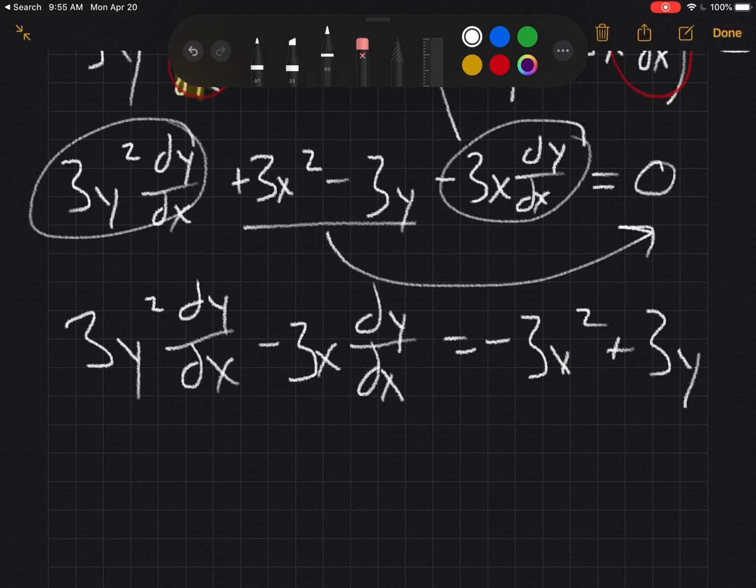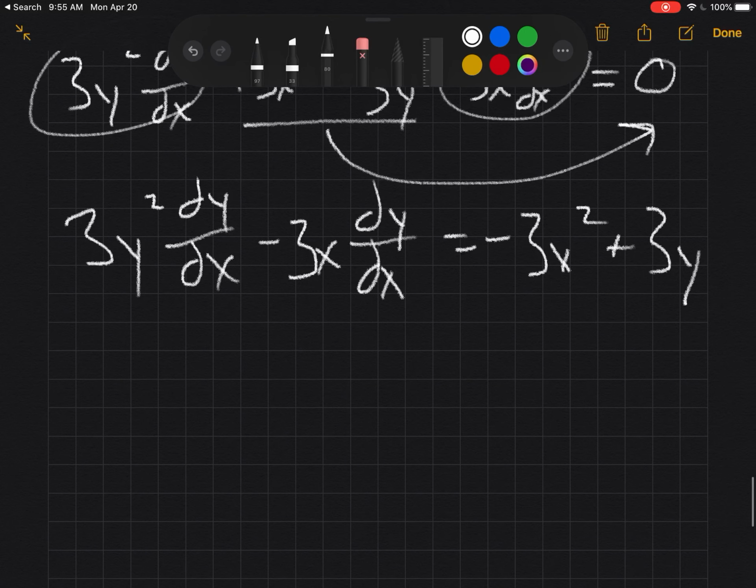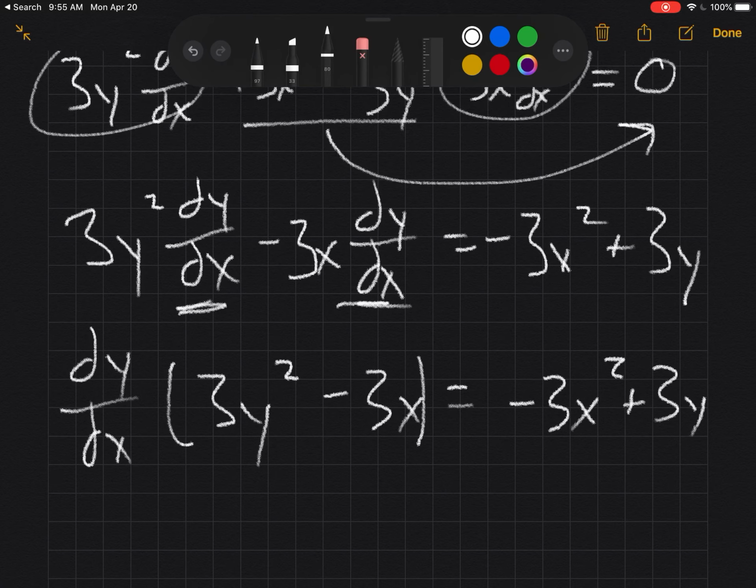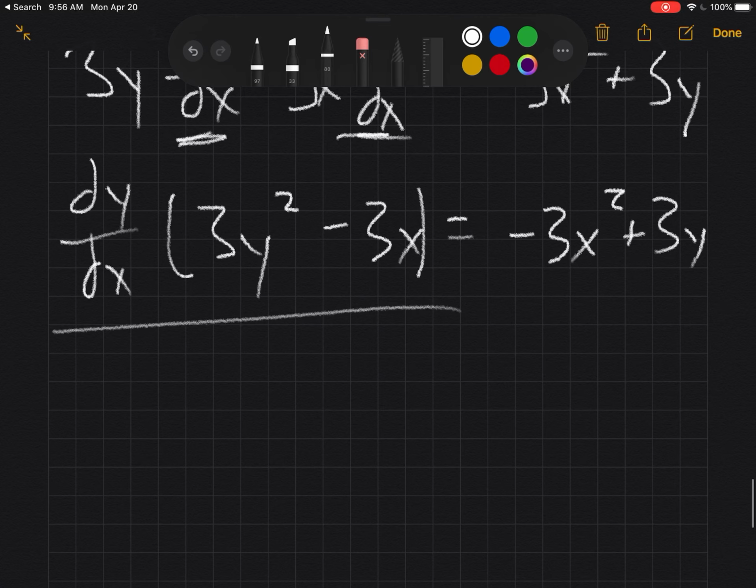Now I'm going to collect these two terms next to each other and put these two terms over here so that I can solve for the differential operator. So I have 3y squared dy/dx minus 3x dy/dx is equal to negative 3x squared plus 3y.